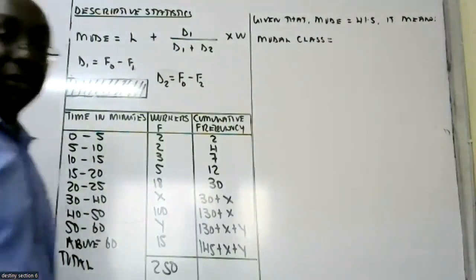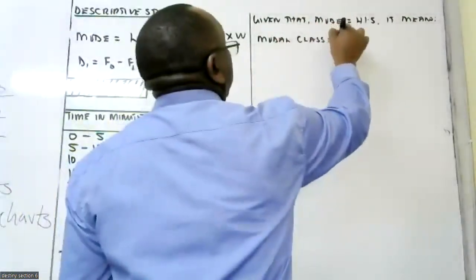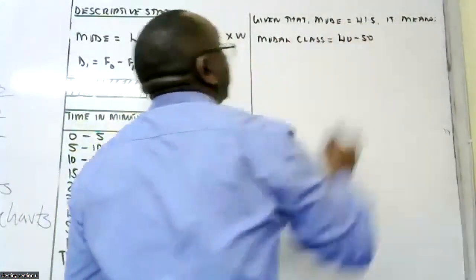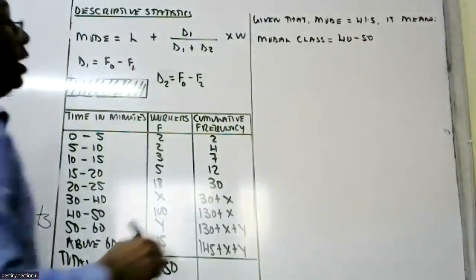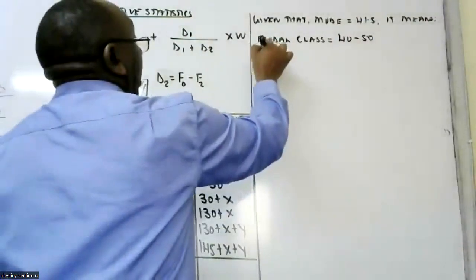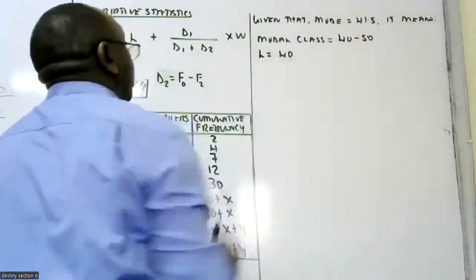So we go back to the same class, 40 to 50. And then L should be 40.